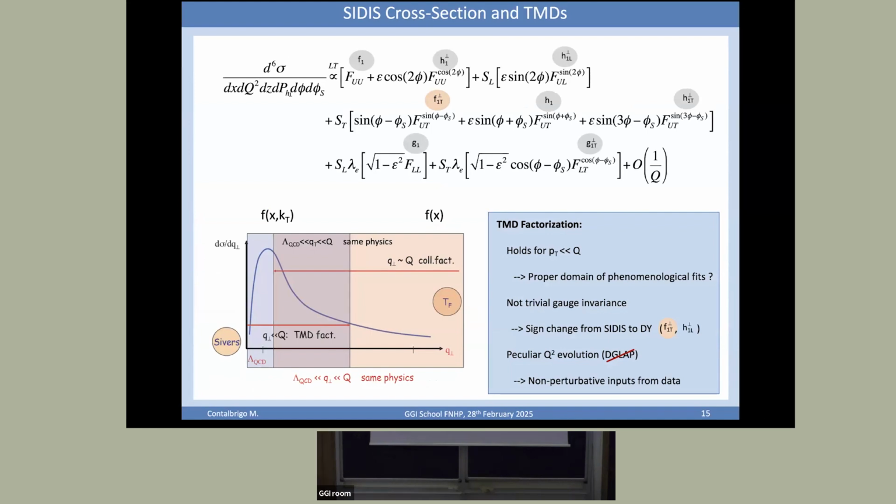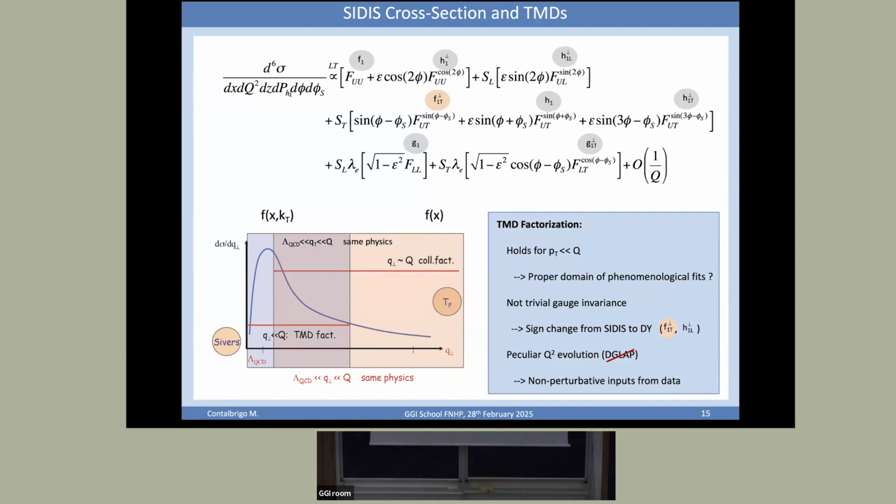Then, this kind of correlator is described by amplitudes that are not trivial. There is a non-trivial gauge invariance in these amplitudes, and as a matter of fact, there is a universality that is not the simplest you can imagine. We think there is a universality, but it's not so trivial. For example, there are pieces like this that is called Sivers that change sign moving from SIDIS to Drell-Yan. And then it's not clear if for more complex reactions where there are hadrons in the initial and the final state can still be factorized.